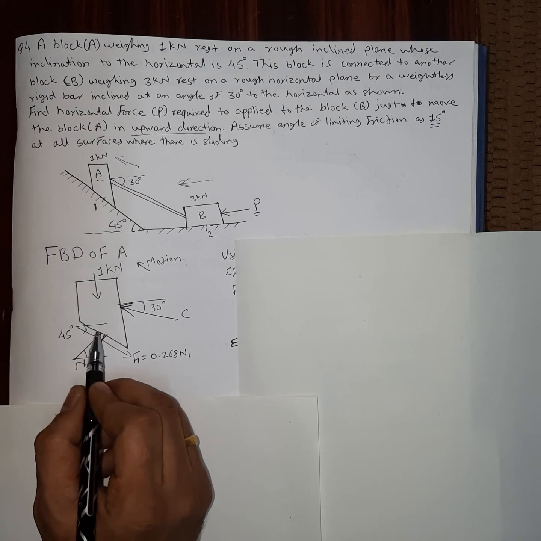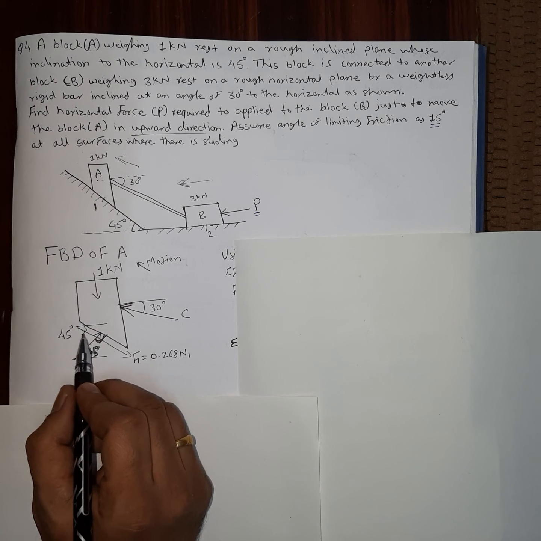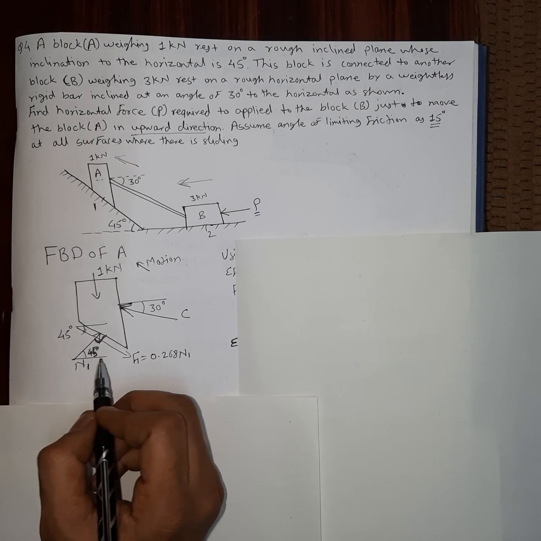Whatever the surface of contact is, friction force will be tangential or parallel to that surface. Again, its angle with horizontal will be 45 degree.